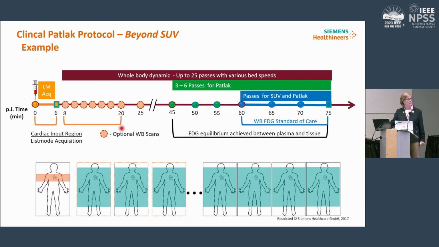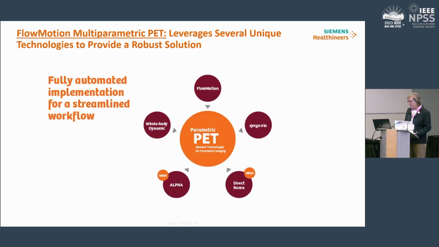And it's important to note that they can still do their whole body FDG standard of care, the static image. Usually it happens 60 to 70 minutes or so, and you just sum those passes and you still get your static SUV image.